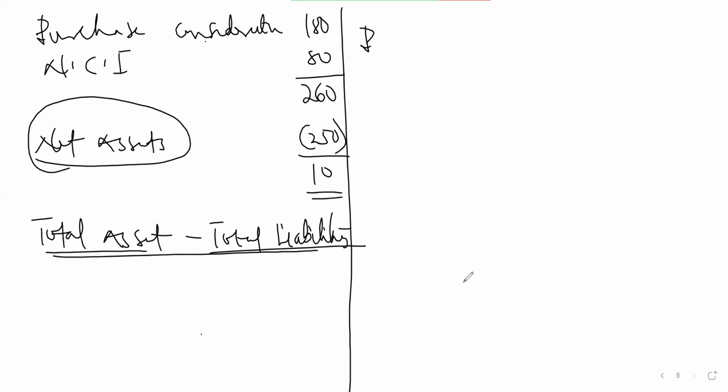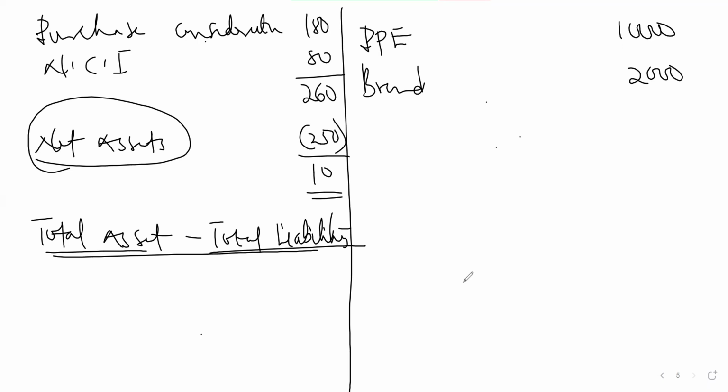Let's say that we have property, plant, and equipment, PPE, at the date of acquisition to be 1,000. Okay, let's say we have brand of the subsidiary. Let me make this one to be 10,000. Okay. Let me make this one to be 2,000. So I have the brand to be 2,000.